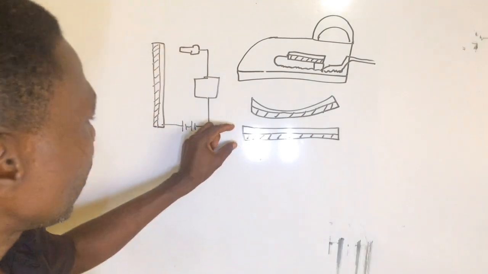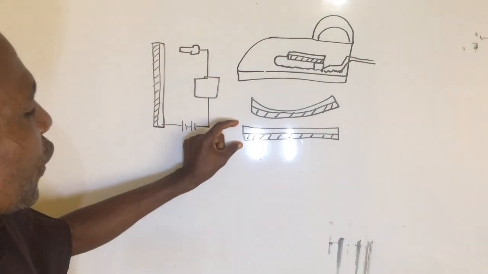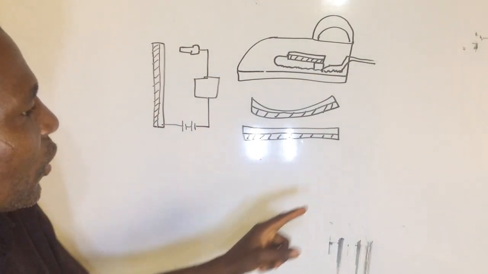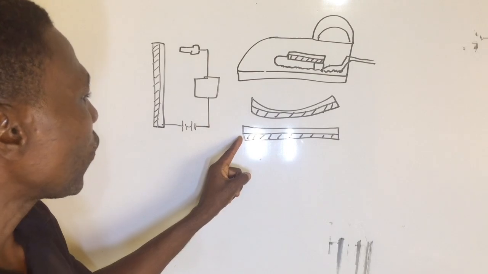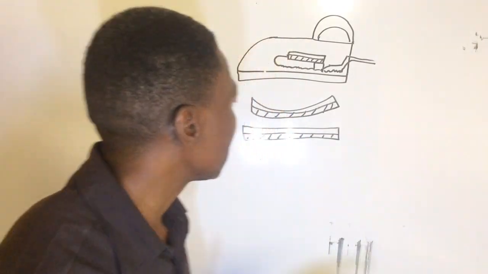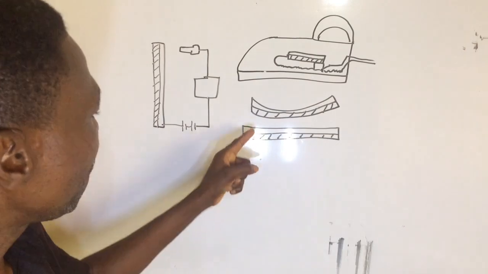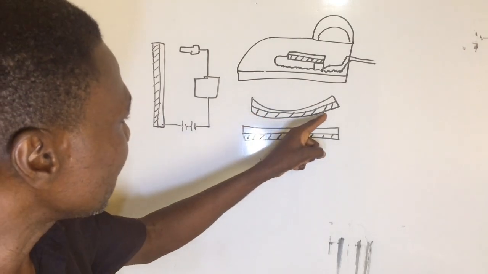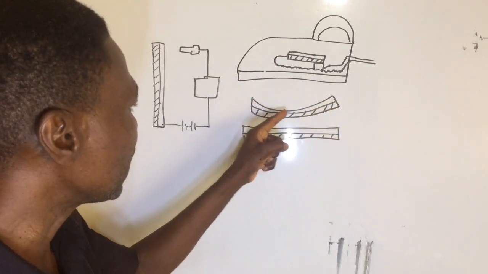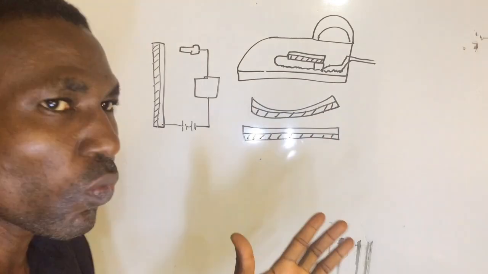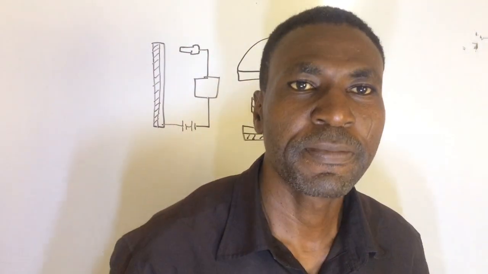So when you heat this metal, it will expand. The brass will try to expand, but the iron is not expanding at the same rate, so it will cause the metal to bend. The metal will bend like this because the brass expands more while the iron is not expanding at the same rate. It will force it to bend.